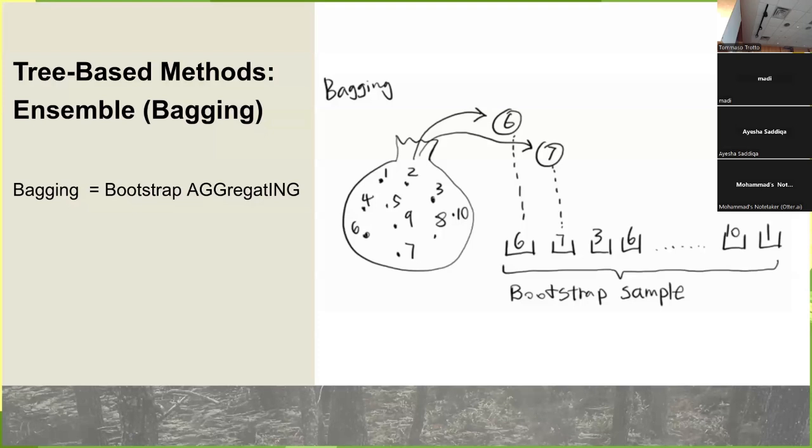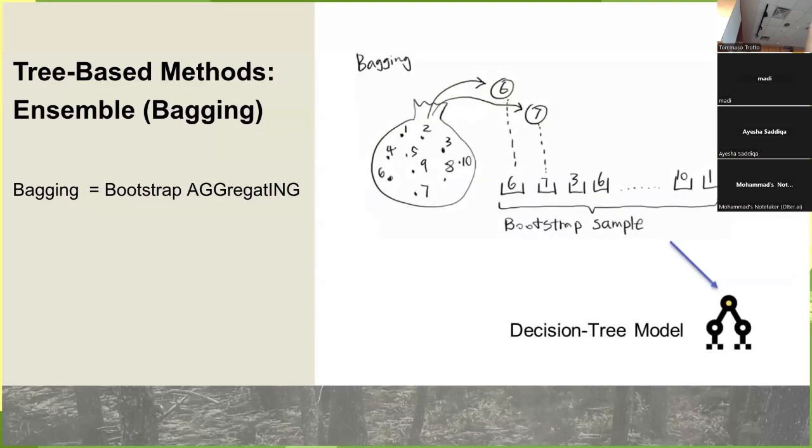And we draw another one. It's number 6 again. By repeating this process, we have a subset that potentially has repeated data from the original data set. It's called a bootstrap sample. Using this bootstrap sample, we can train a decision tree model, which is probably overfitting, just like illustrated.